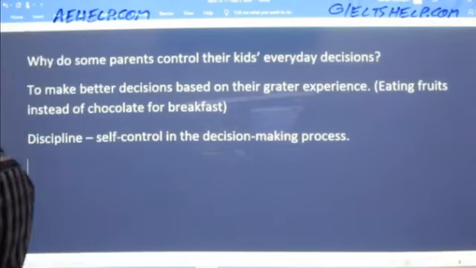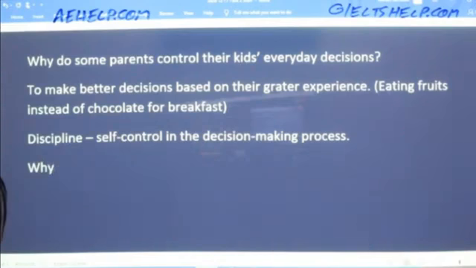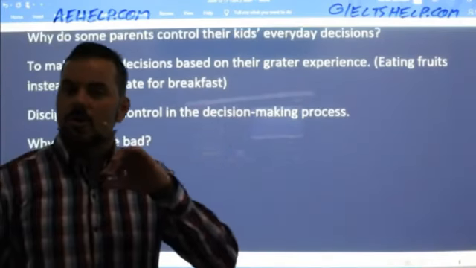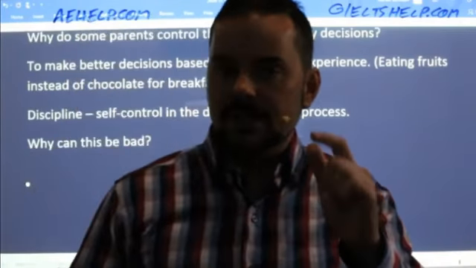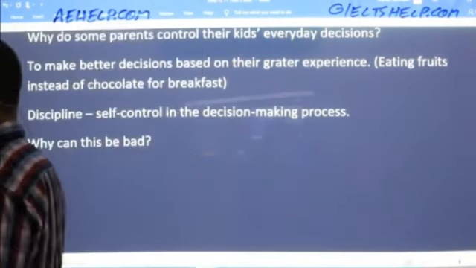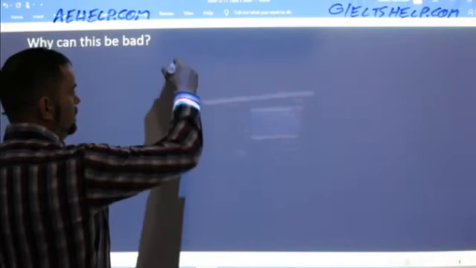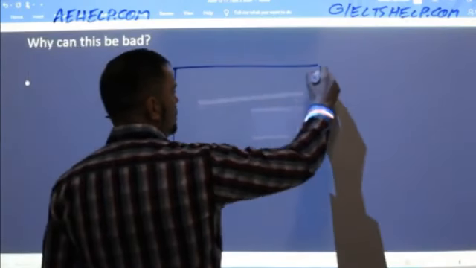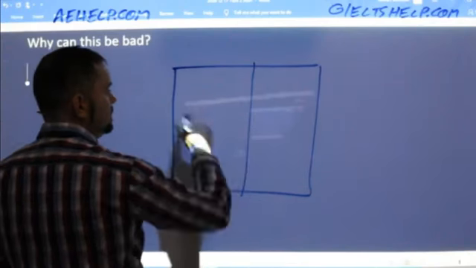So let's ask the negative of this. Why can this be bad? Okay, so why can it be bad? Let's just go positive, negative, right? It's a good way to think about this, all right? So again, remember, I've shown you this kind of strategy before. It's called a chi-square, all right? In math, it's used fairly often, where you have this, okay?